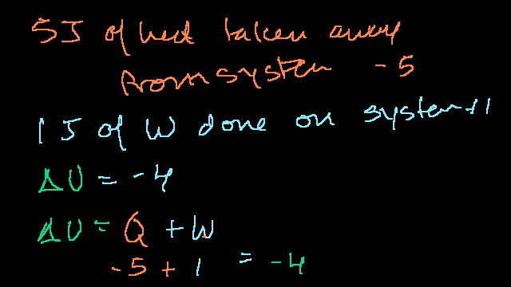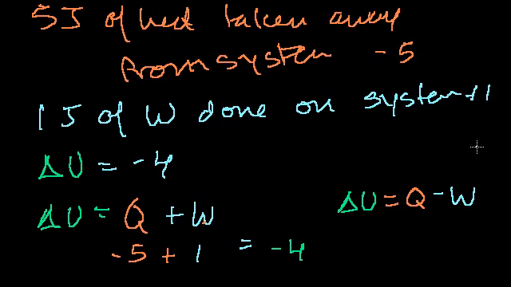Now, I could have written that same formula the other way. I could have said change in internal energy is equal to heat added to the system minus the work that the system does. I want to do this both ways because I don't want you to get confused. Either way you see it on problems or in school, or maybe you take one class that does it one way and one class that does the other. If you use it this way, what was the heat added to the system?